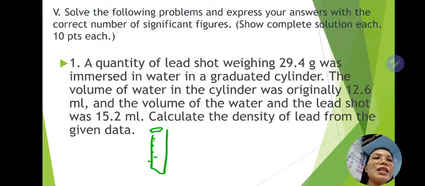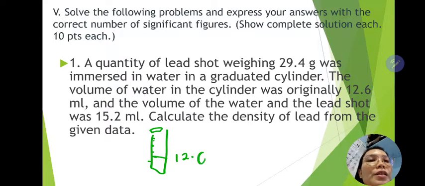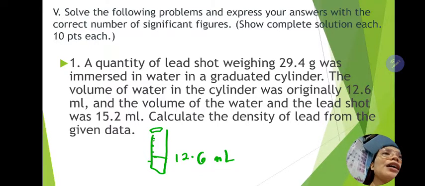Okay, so ang sabi dito sa given problem, ang original na volume ng water sa graduated cylinder natin is from 12.6, for example, dito sabihin natin 12.6 ml. And then, para malaman natin yung volume ng lead shot natin, usually kasi kapag hindi determined yung volume ng specimen, especially for solids, ginagamit natin yung water displacement method.